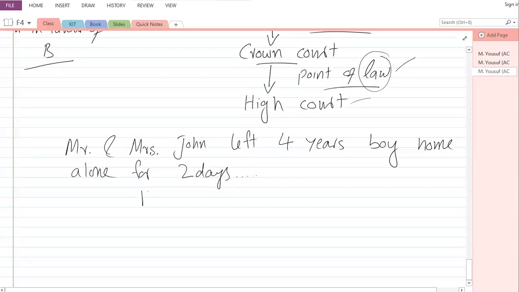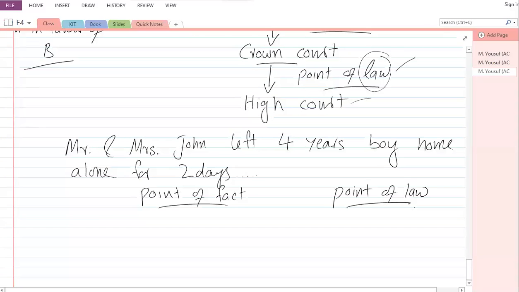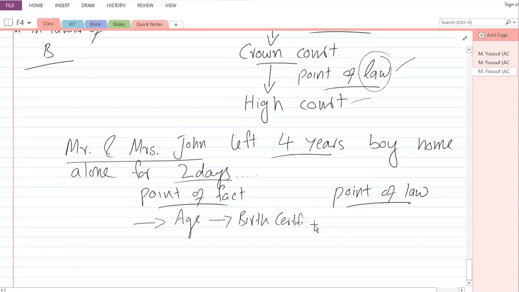So what are the matters of point of fact in it? And what are the matters of point of law in that event? So point of fact relates to the facts of the case. So 4 years boy, 2 days, Mr. and Mrs. John. So we have to confirm these things. To confirm the age of the boy, we can see the birth certificate to check whether the boy is 4 years old or not.